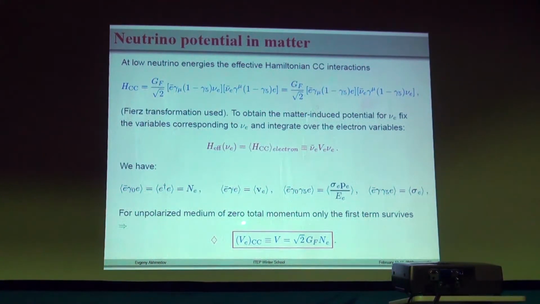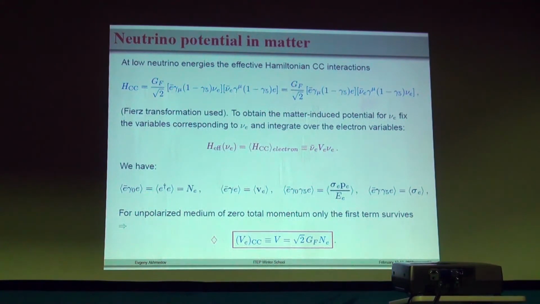If we take the expression which contains e bar gamma vector e, it gives us the average velocity of electrons in the medium. This was coming from the vector kind. If we take the axial vector kind, then there are expressions which are the average projection of the electron spin on the electron momentum and just the average polarization, the spin of the electrons.